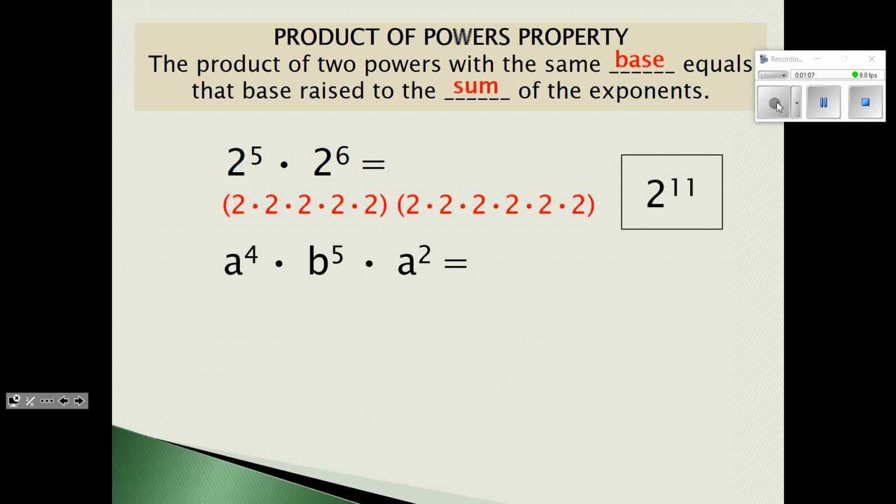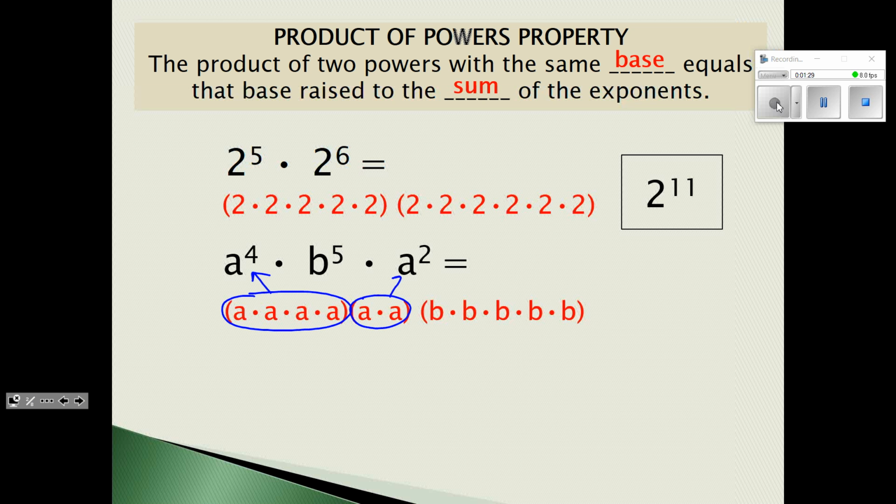Next example. Here you'll see that we have two different bases. We have a base of A and a base of B. If we use the commutative property, we can see that we have A multiplied times itself 4 times, here's A multiplied times itself 2 times, and here's B multiplied times itself 5 times.